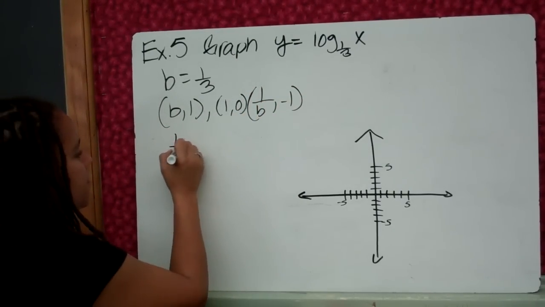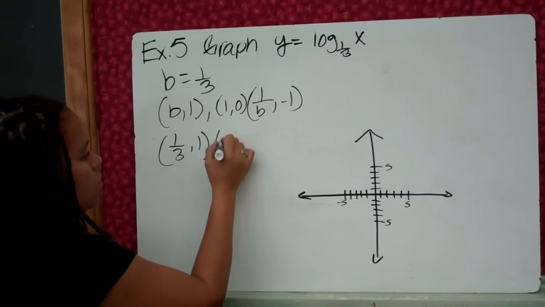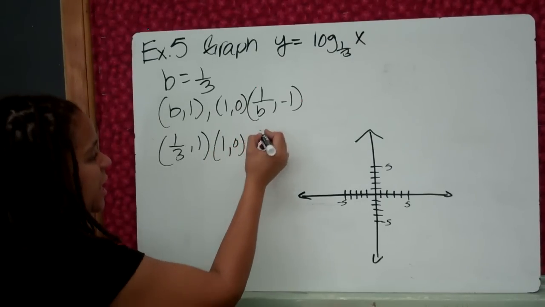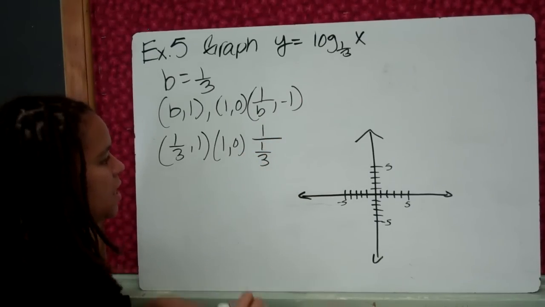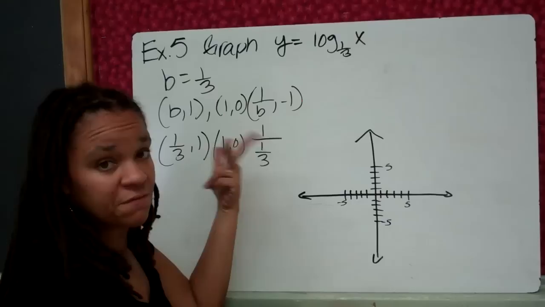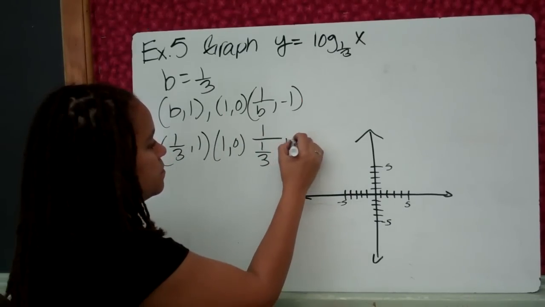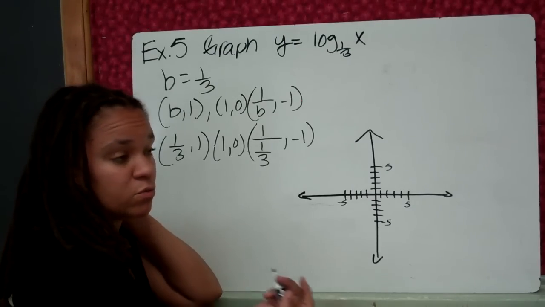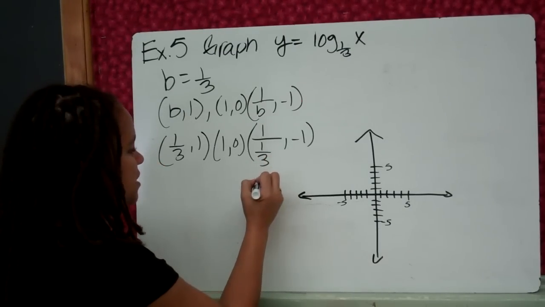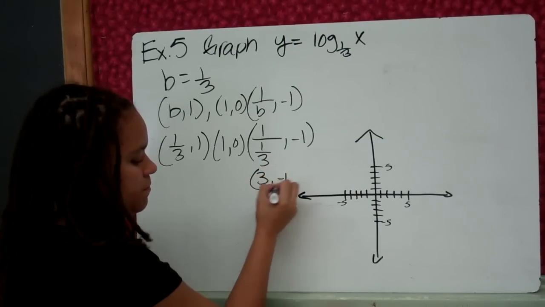So we have (1/3, 1), (1, 0). And careful here, we have 1 over 1/3. If you remember, when we divide by a fraction, we flip, take its reciprocal. So this would really be 3 over 1 times 1, which would just be 3. So this point is actually (3, -1).